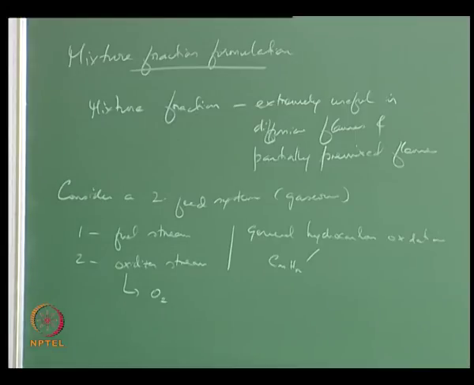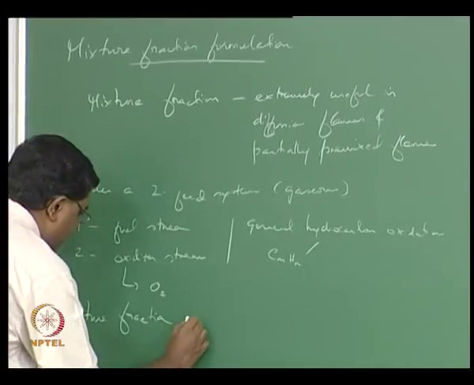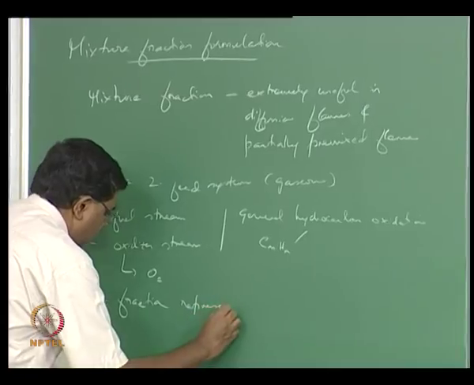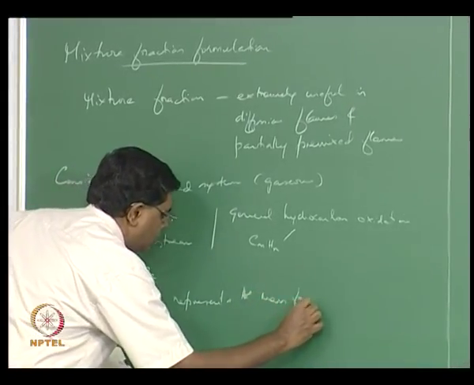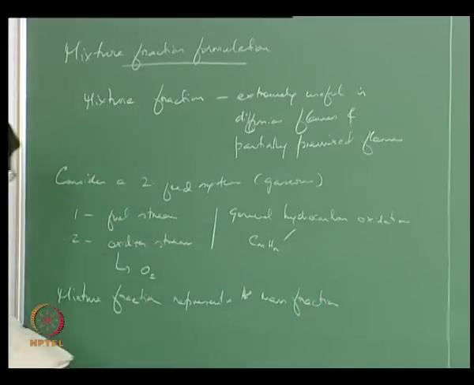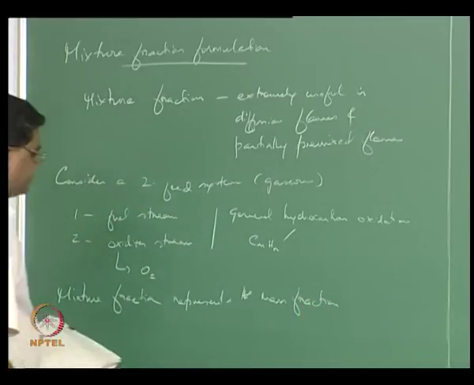Right. So then the way the mixture fraction is defined is essentially like a mass fraction. So the mixture fraction represents the mass fraction of the fuel in the mixture.